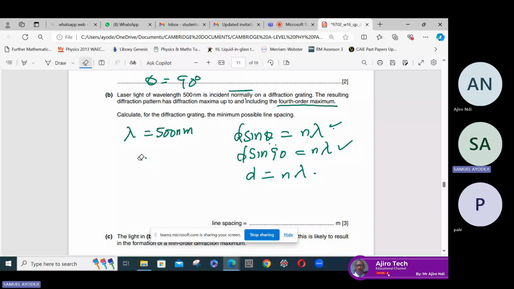Now from this particular one, what do we mean by fourth order? Second order, look at it.